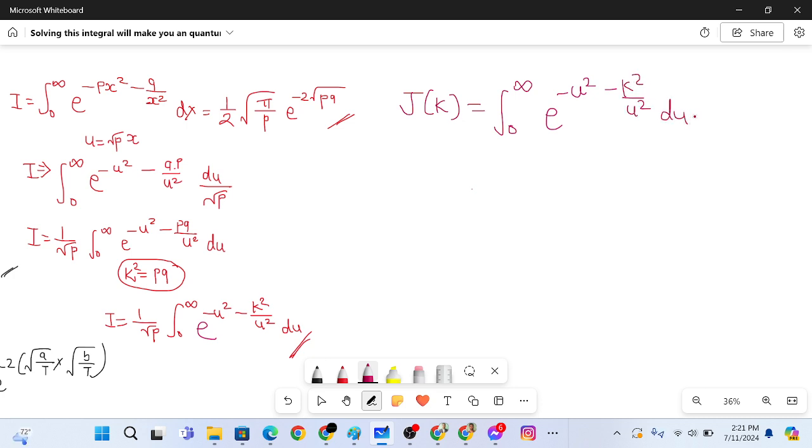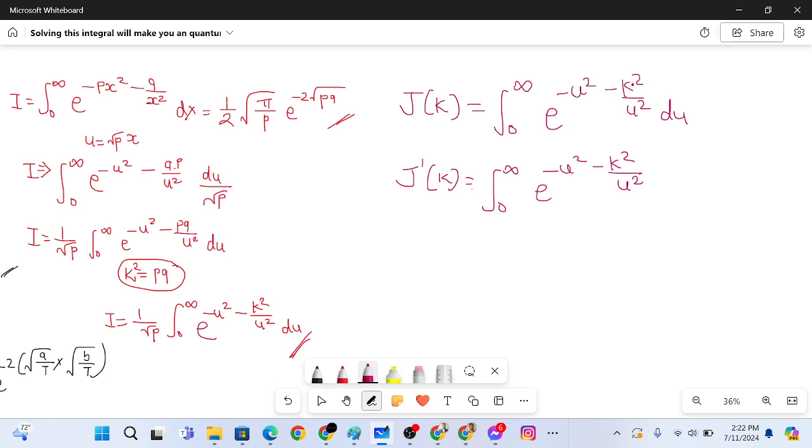Now if I differentiate this with respect to k, what I will get is the integral from 0 to infinity, where powers of u will remain as they are, e to the power minus u square minus k square by u square, and then we will differentiate this power.